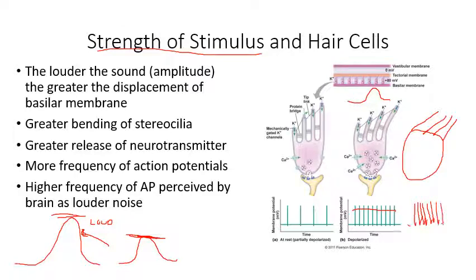So loudness is the frequency of action potentials by the sensory neurons. If I get more bending, I'm going to have more neurotransmitter released, and that's going to cause me to have a higher frequency of action potentials for the loud. So strength of stimulus is going to be coded by frequency.